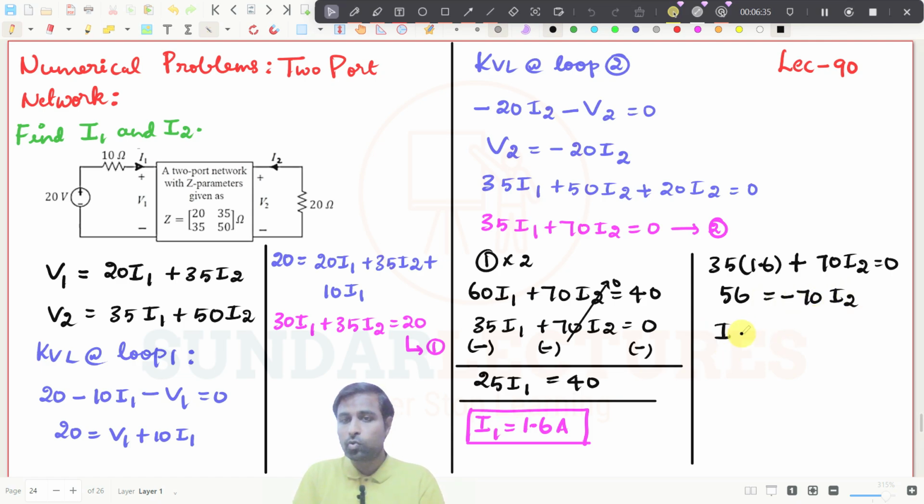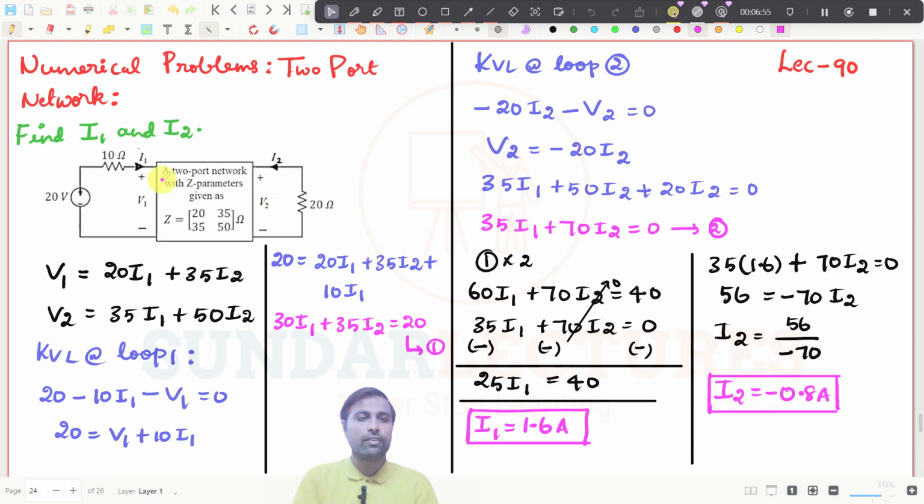So I2 will be equal to 56 divided by minus 70, right? If you further simplify this, I2 is equal to minus 0.8 amperes. So this is the final answer for I2.